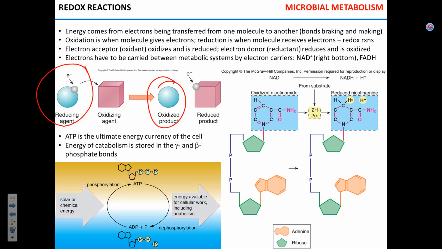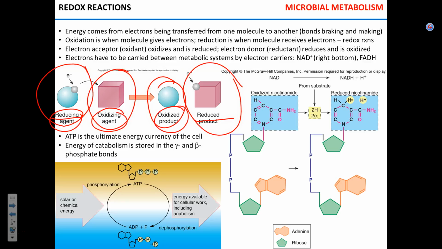And this one got reduced by gaining the electrons. The one that pulls electrons away from another molecule is called the oxidizing agent. So the oxidizing agent is always reduced, and the reducing agent is oxidized. Another name sometimes given to those chemicals is the reductant, the one that reduces, and the oxidant.